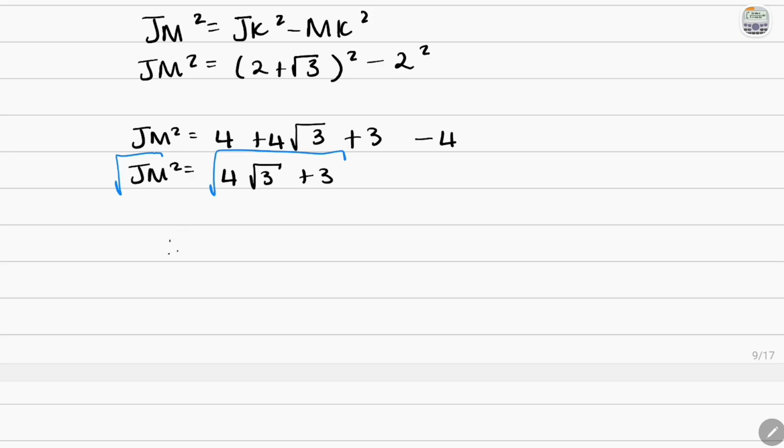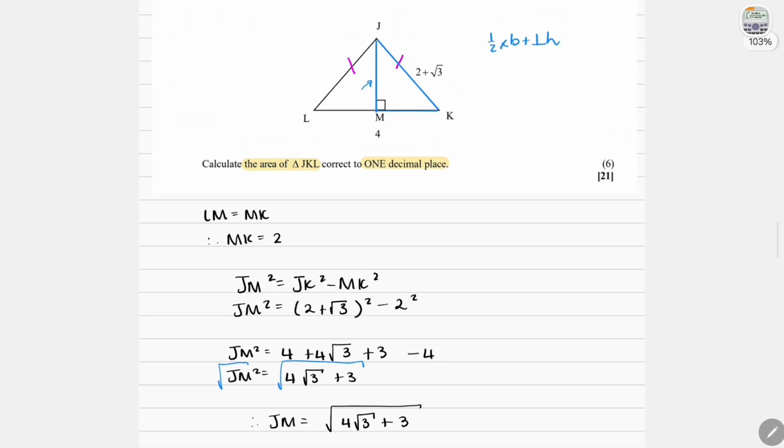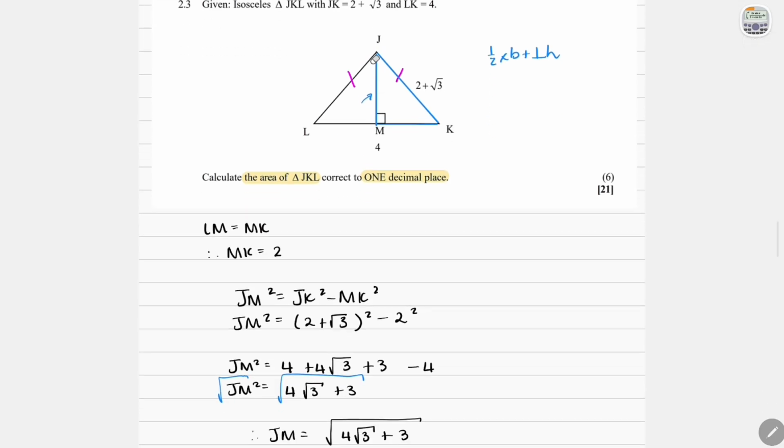We're working with lengths. So JM equals, we can't square root anything here because there's a plus in the middle. So this is just the square root of 4 root 3 plus 3. But that is just JM, the perpendicular height.